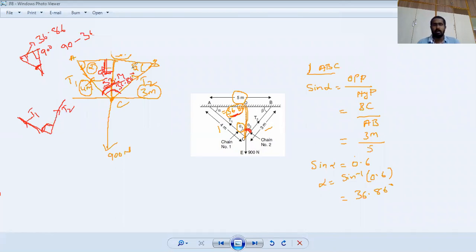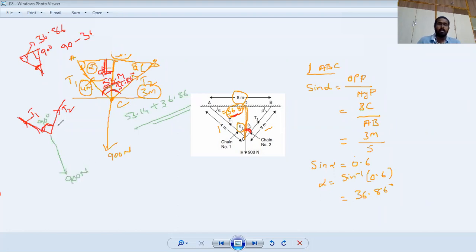Divakar? 90 degrees. Yes, super. By adding 53.14 and 36.86, we get this angle 90. This one is 900 Newtons.